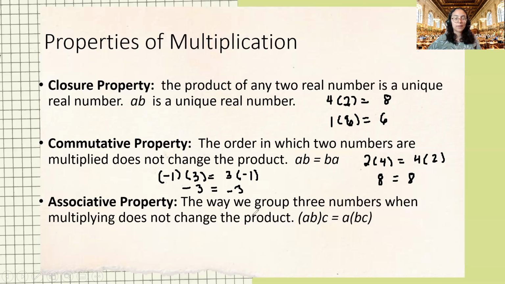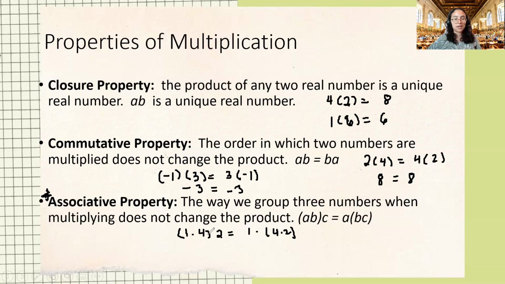For the associative property, it states that the way that we group three numbers when multiplying does not change the answer either. And we actually just saw an example of this in the previous slide. So if I were to tell you to multiply 1 times 4 and then multiply 2, or if someone were to tell you to multiply 4 times 2 and then multiply 1, you would still get the same answer.